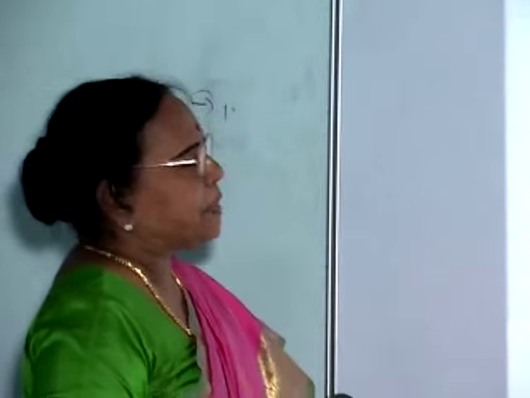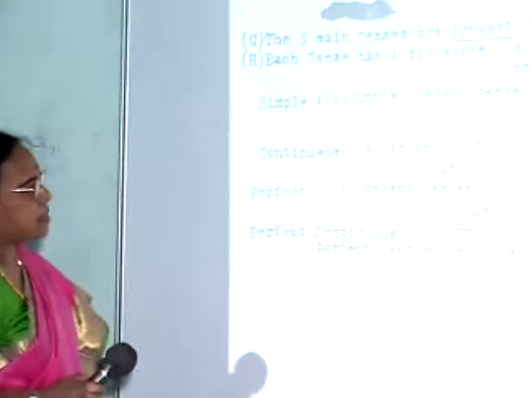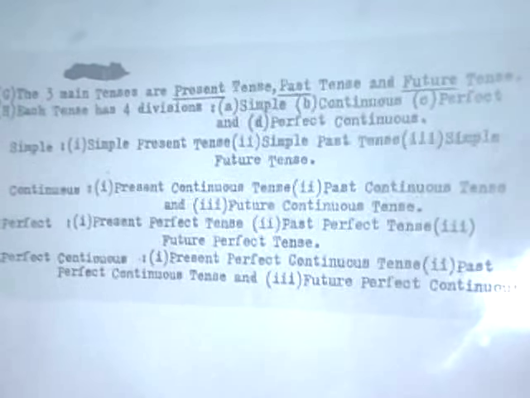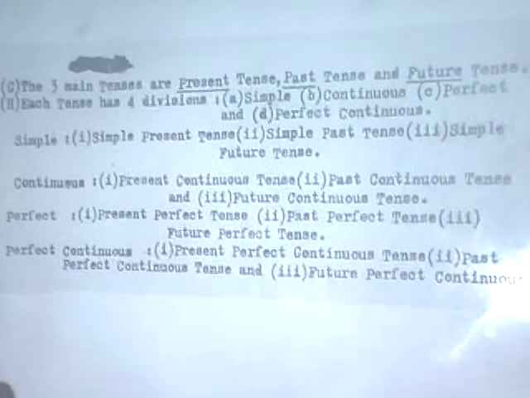The tenses are present tense, past tense and future tense. Each tense has 4 divisions: simple, continuous, perfect and perfect continuous. Simple: simple present tense, simple past tense, simple future tense.